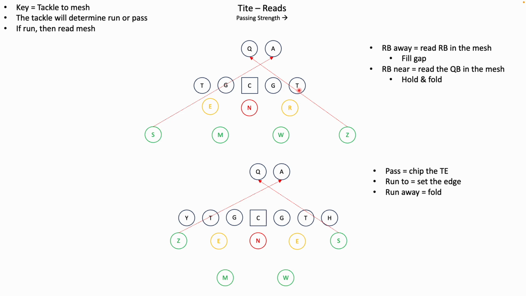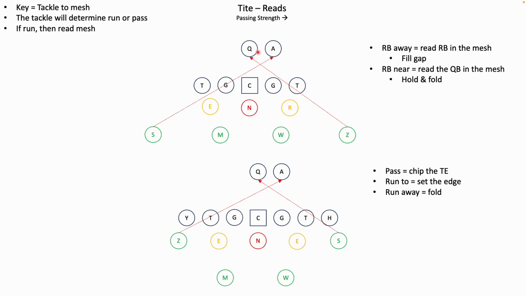If it is run, then we want to read the mesh when the running back is in a level two position. Even if the running back is in a level one position that's behind the quarterback, we still want to read the mesh. So the mesh is this handoff by the quarterback to the running back.